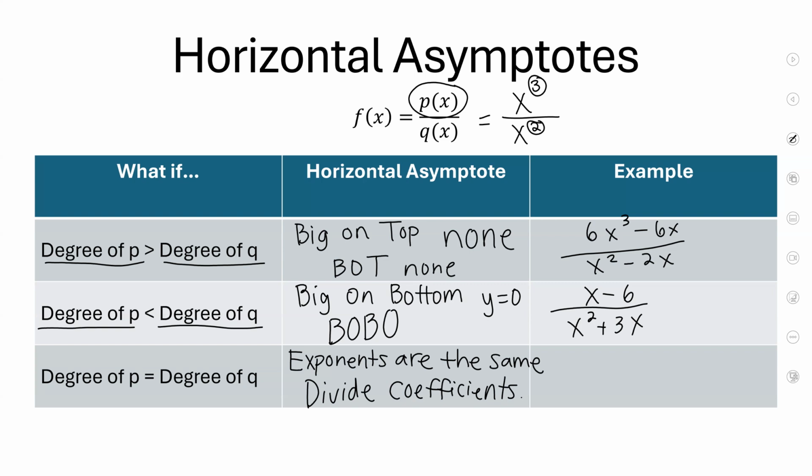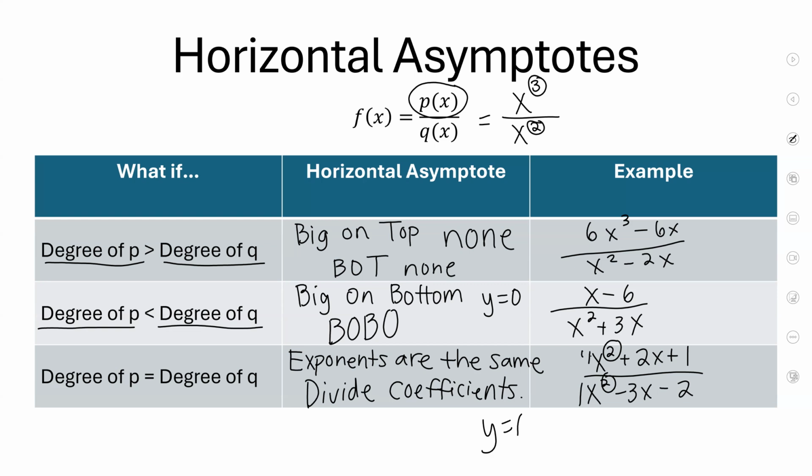So an example, let's say I have x squared plus 2x plus 1 over x squared minus 3x minus 2. I just made something up. Okay, you guys see how the degrees are the same? That means you would divide the coefficients. So what are the coefficients here and here? Just ones. So your answer would be y equals 1.